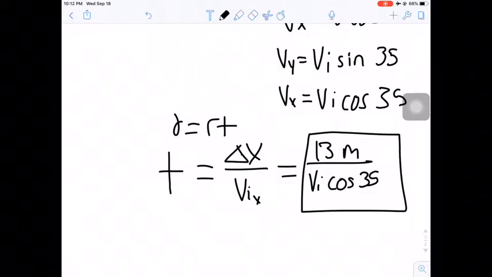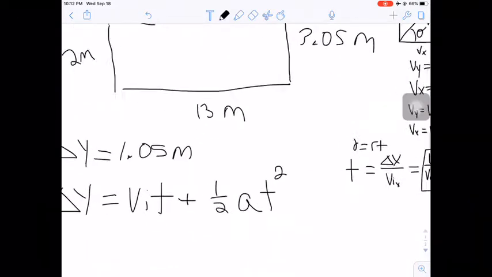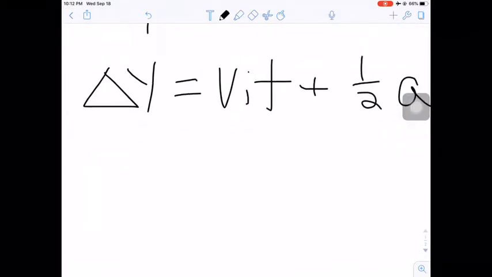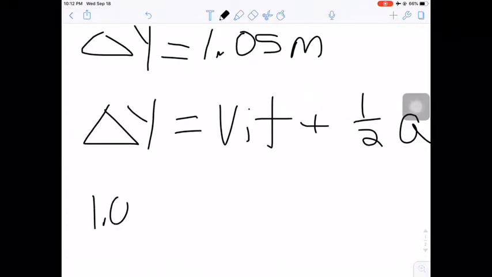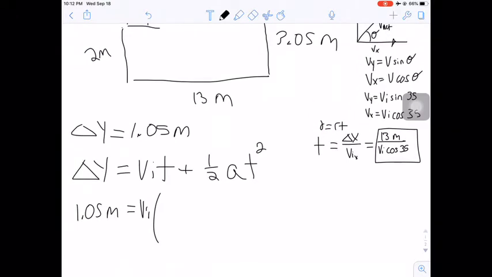So we can plug this in for t in our equation over here. We know delta y, which was 1.05, is equal to the initial velocity, which we don't know yet, times time, which we found over here.